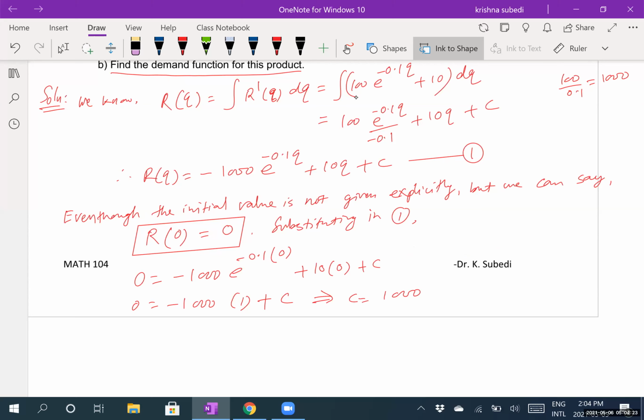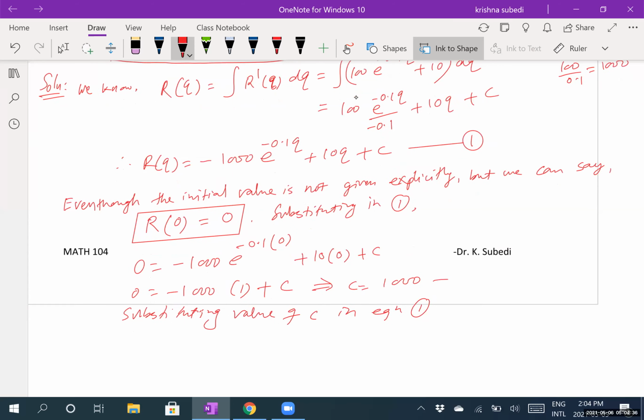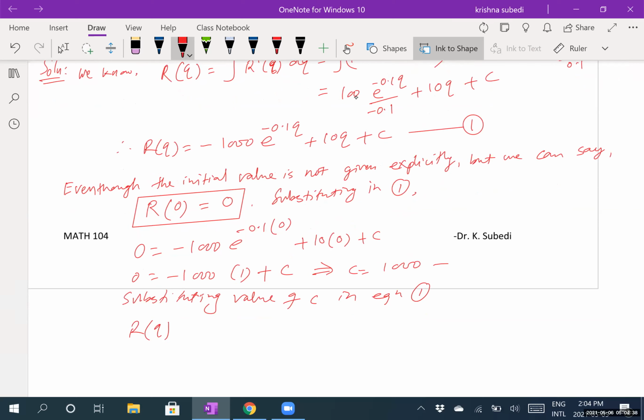All right. So now substituting this value of c in equation 1, we get revenue function equals negative 1000 e raised to power negative 0.1 q plus 10q plus 1000. Okay, this is our revenue function.